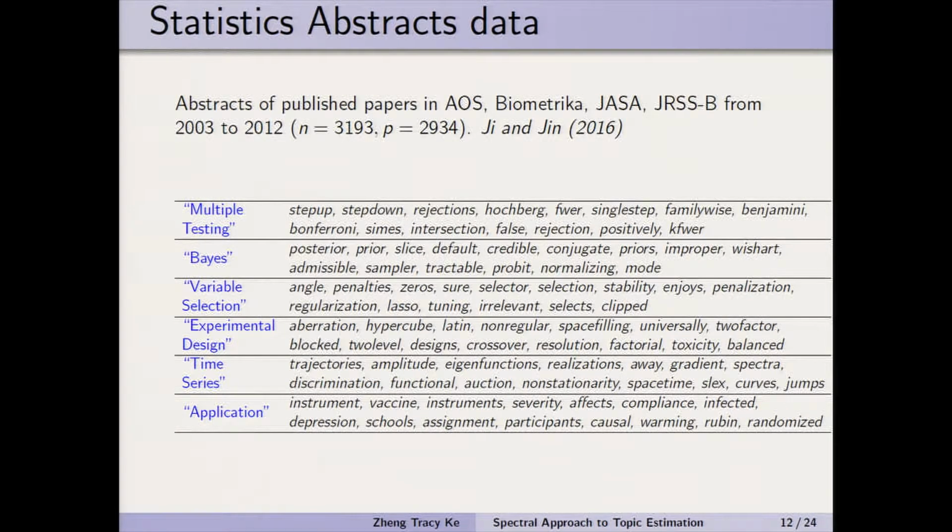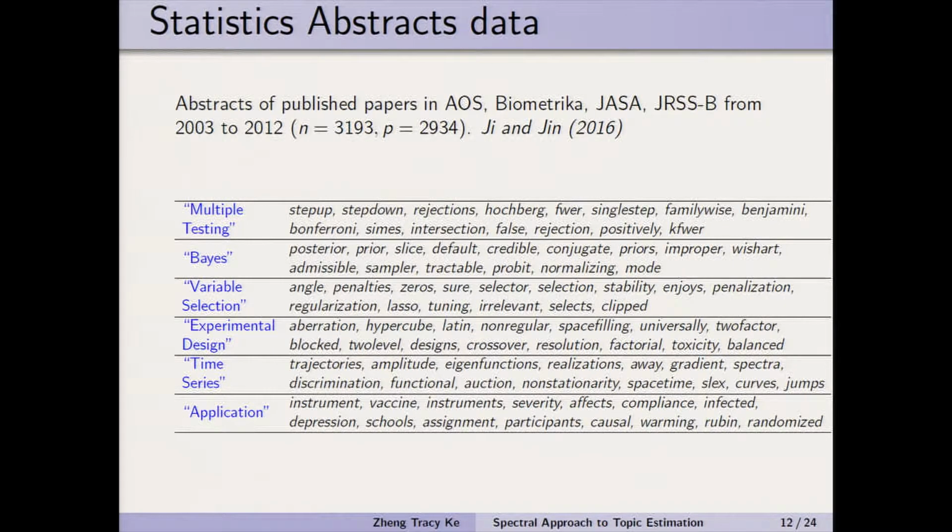For the statistics abstracts data, we also tried different numbers of K, and we found that K equals 6 seems to yield the most meaningful results. If we look at the estimated anchor words for each of the topics, it seems that these topics can be nicely interpreted as research areas.